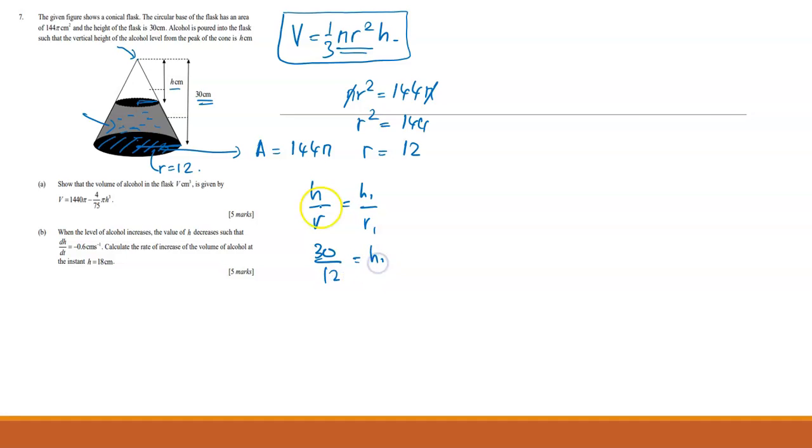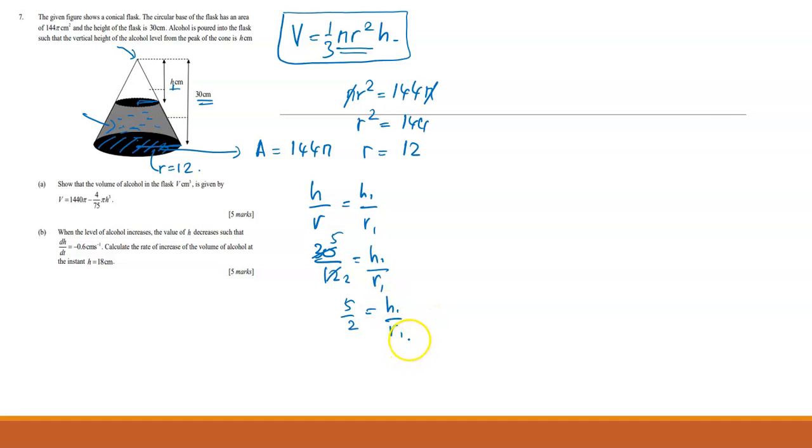This I consider as h1 and this is r1. Divide by 6: 30 divided by 6 equals 5 and 12 divided by 6 equals 2. So h1 over r1 is 5 over 2.